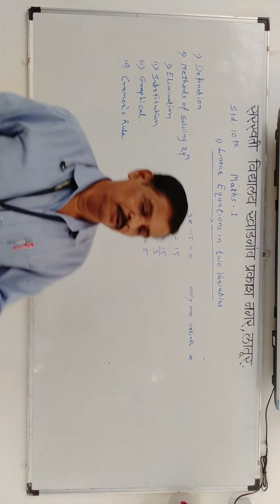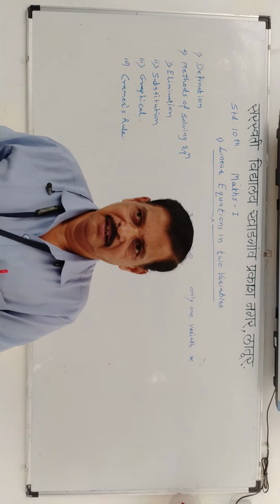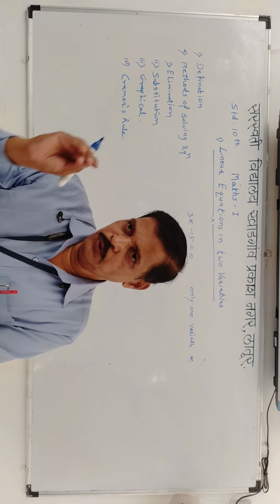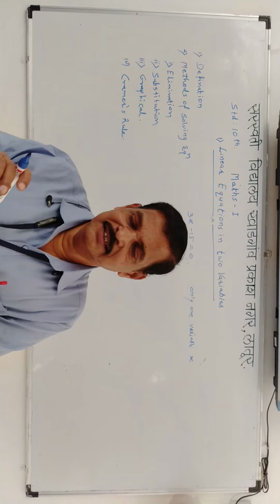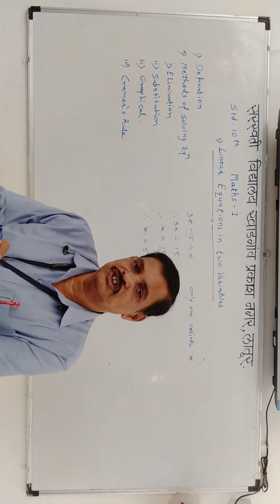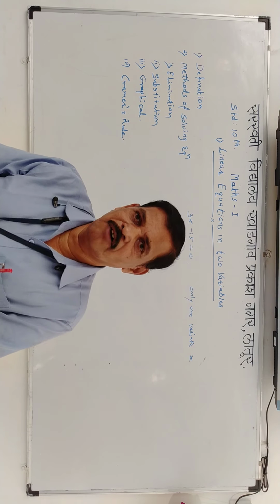We have already learned in the 8th and 9th standard that the graph of x is equal to a is a line parallel to the y-axis. X is equal to 0 is the equation of the y-axis.